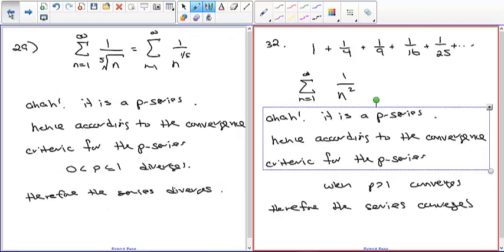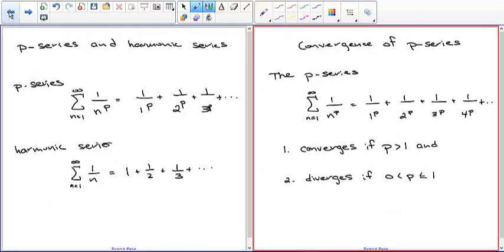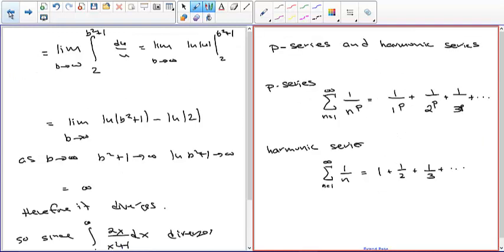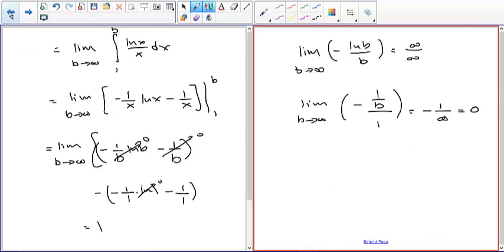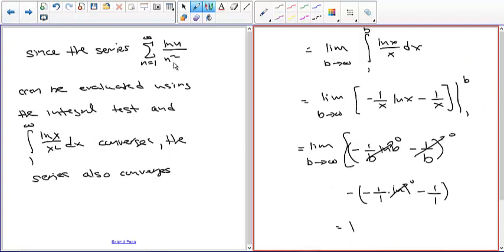But if you remember back here, this first problem we did was basically a special case where p is equal to 2. And we saw that with p equal to 2 that it converged.